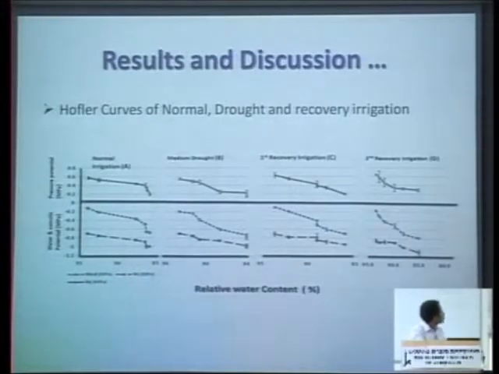So here, this line is the pressure potential line, this one is the water potential line, and this is the osmotic potential line. They follow the same trend until around 10 o'clock, and after that there was a large shift in the values of water potential.